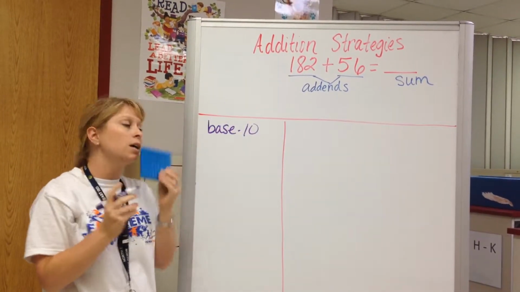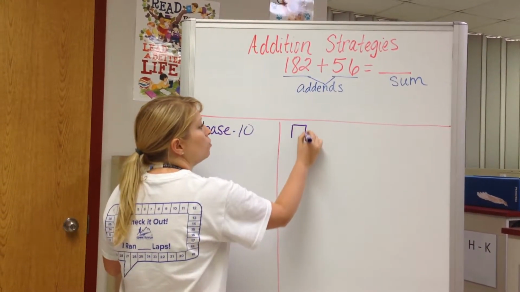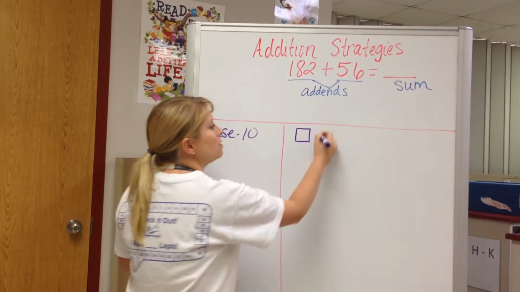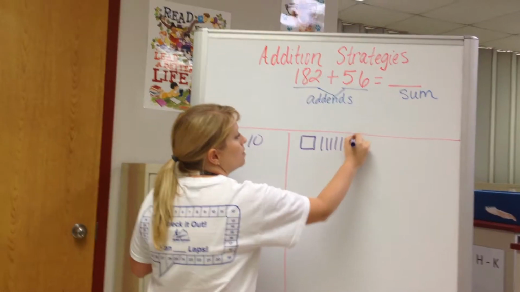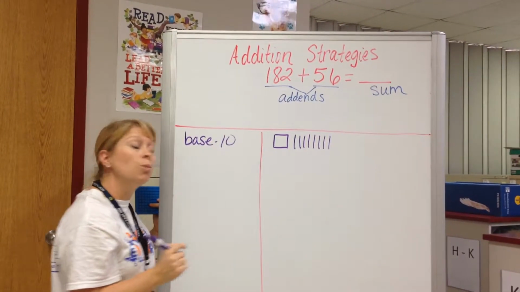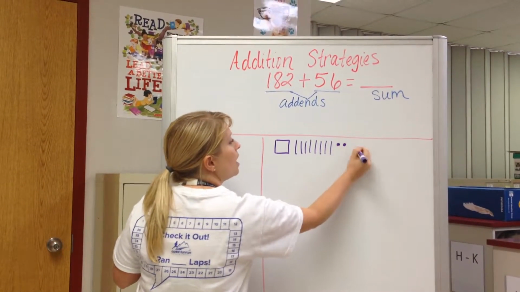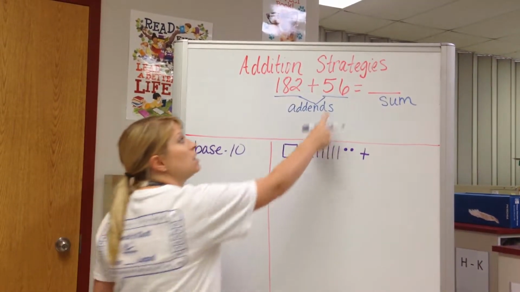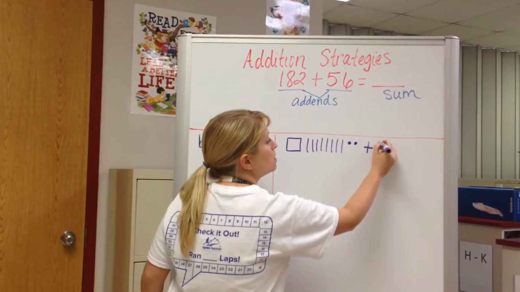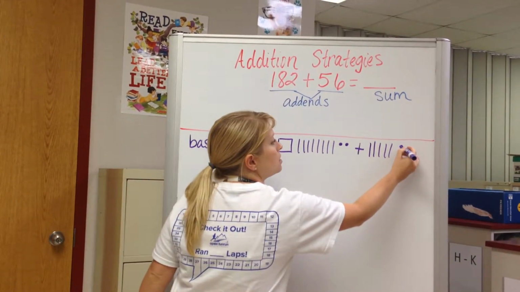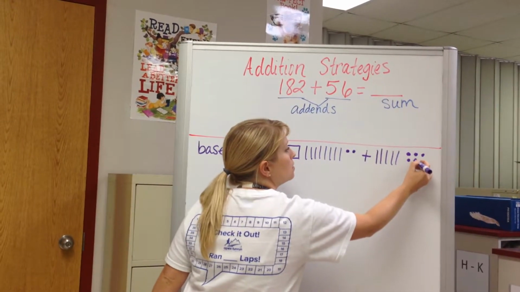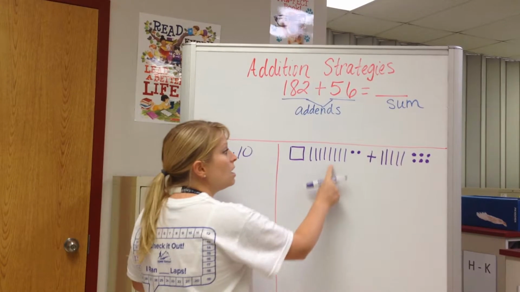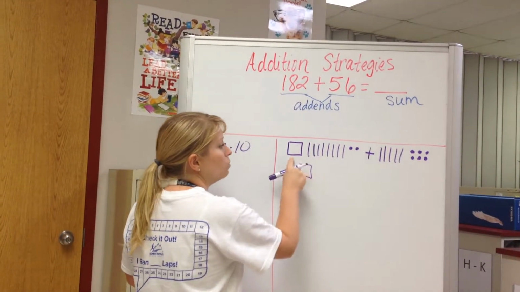So in the number 182, I have one 100, I have 8 tens, and I have 2 ones. And I'm adding that to the other add-in, 56. In the number 56, I have 5 tens and 6 ones.